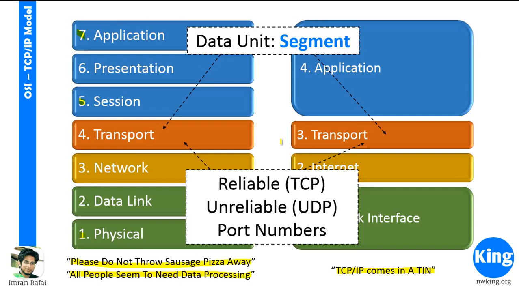In unreliable, there is no acknowledgement received for every segment transmission. So unreliable is actually faster because of the lower overhead. So real-time applications will use UDP because it is faster.